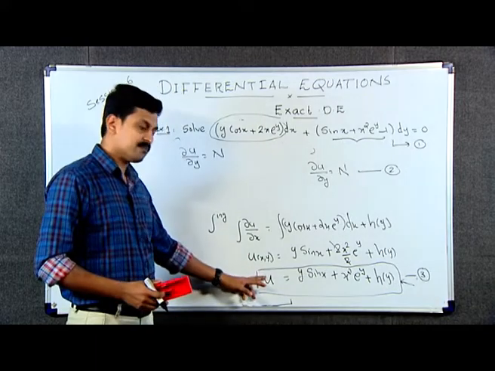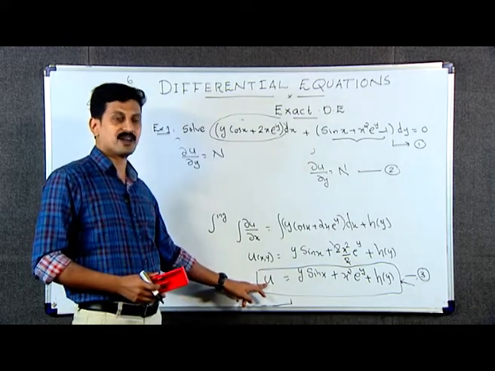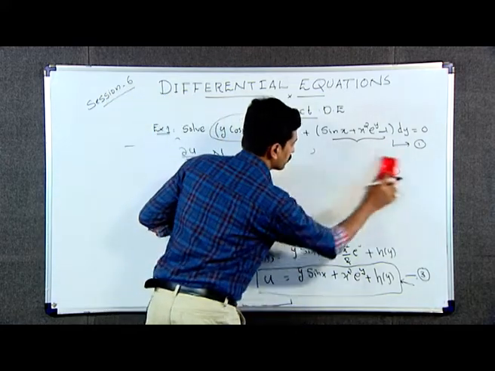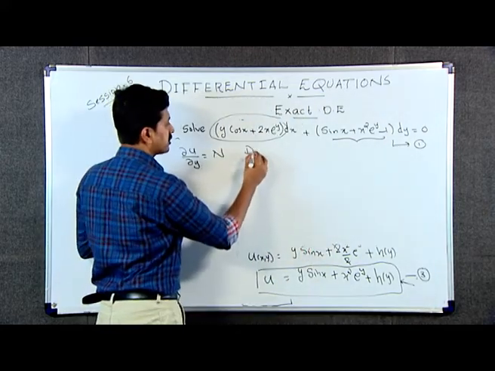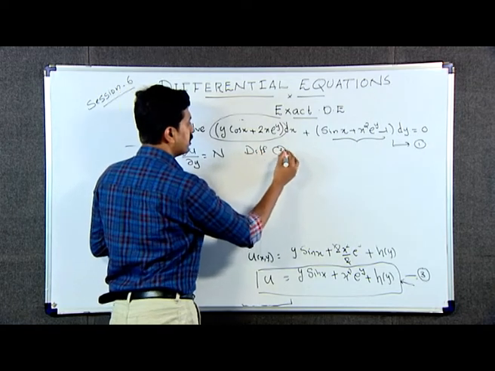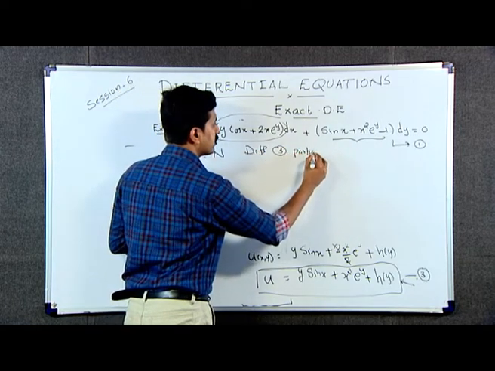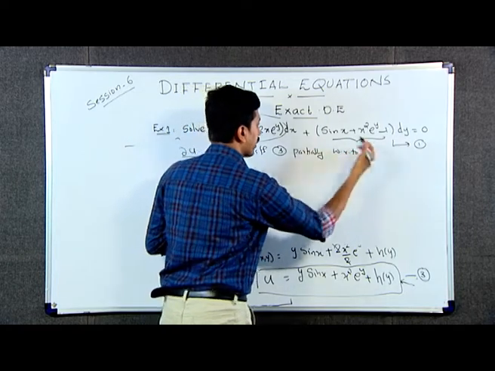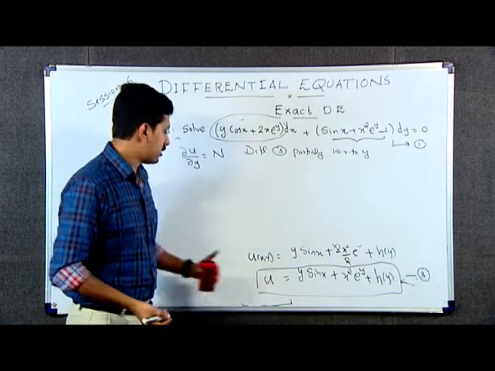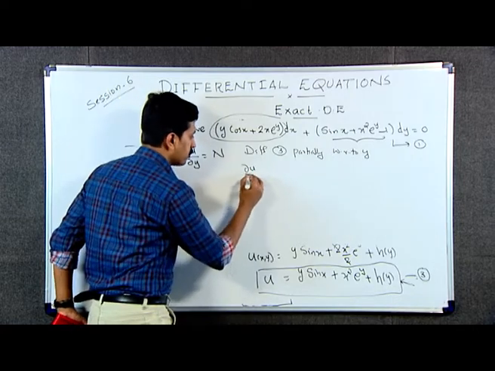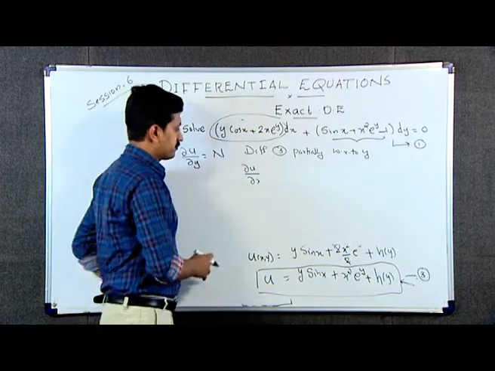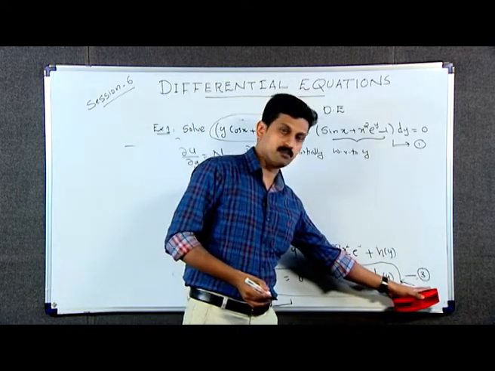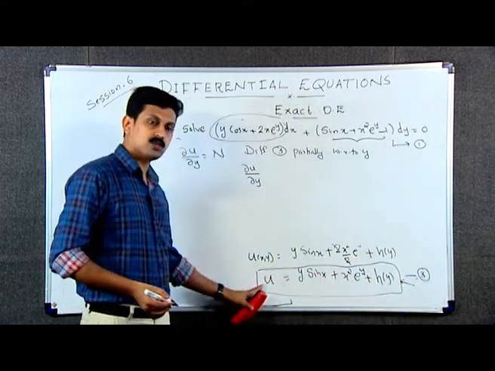Differentiate 3 partially with respect to y. Instead of u it will come dou u by dou y, as we are differentiating equation number 3 partially with respect to y.